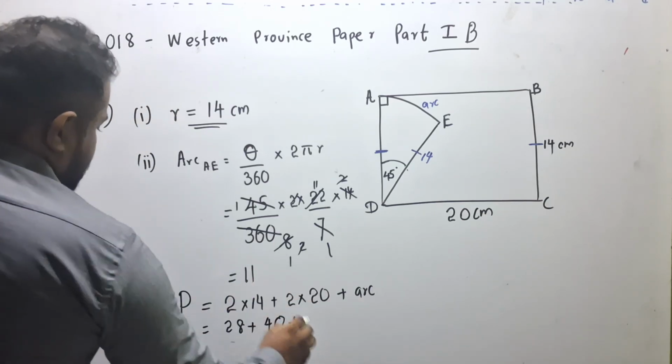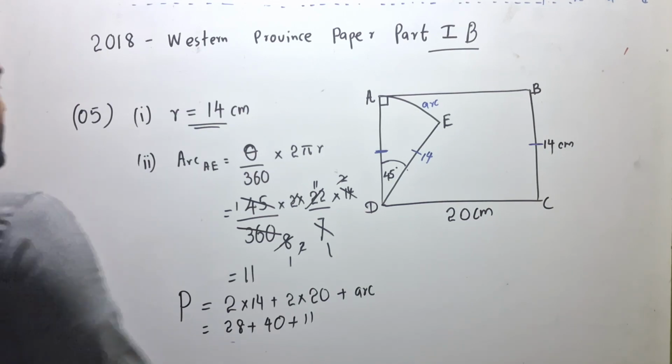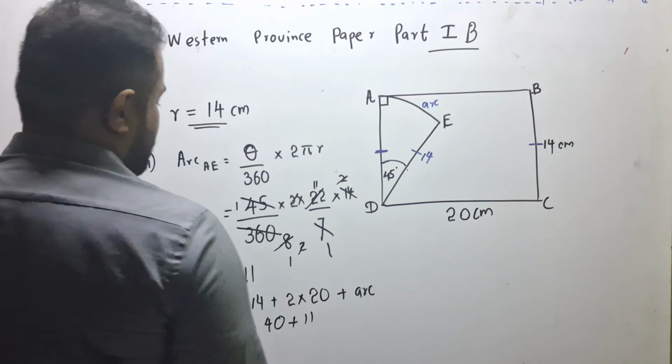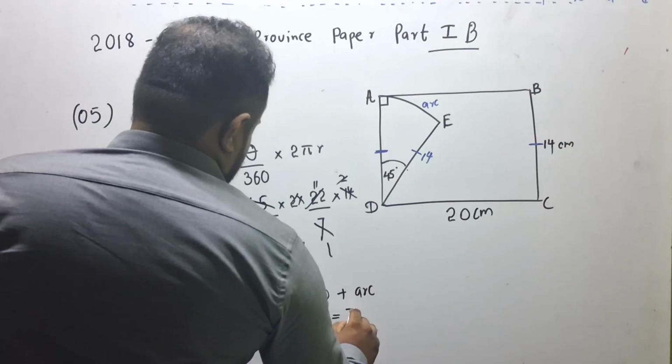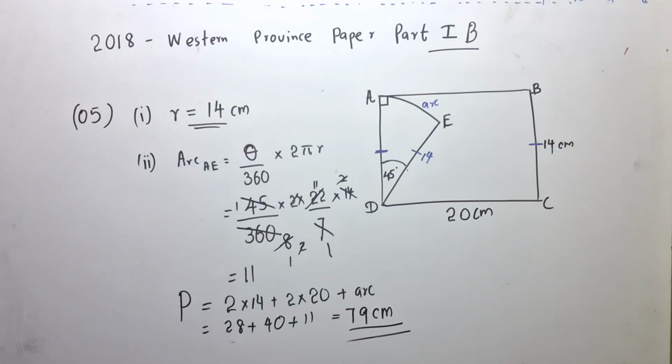Arc length is 11. 28 plus 11 is 39. 39 plus 40 is 79. Perimeter is 79 centimeters.